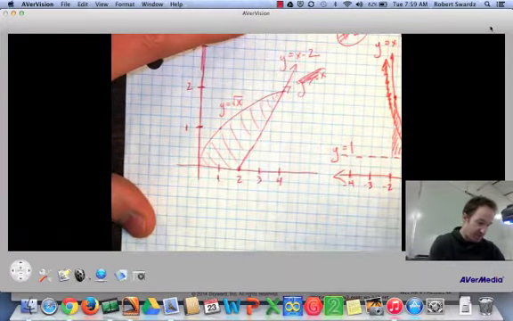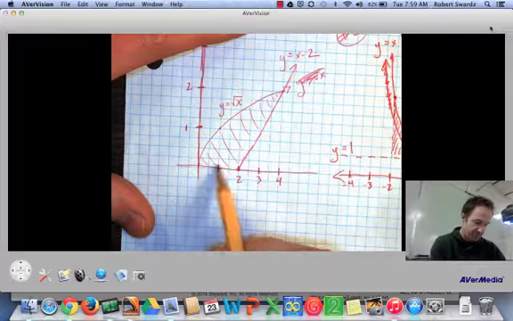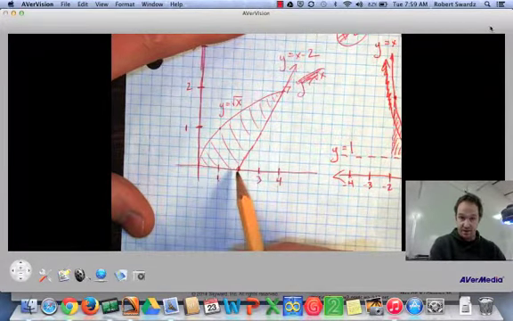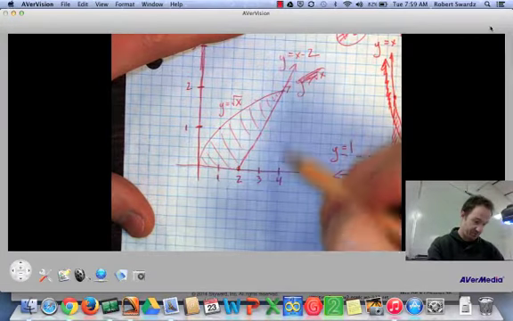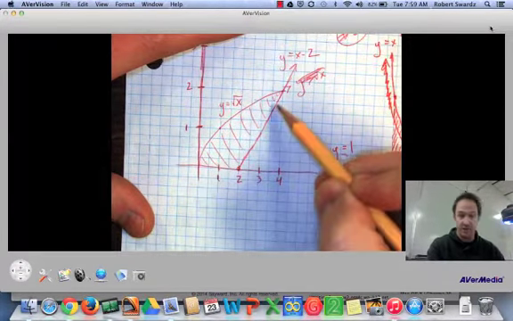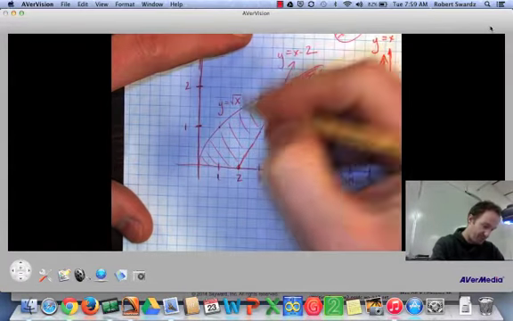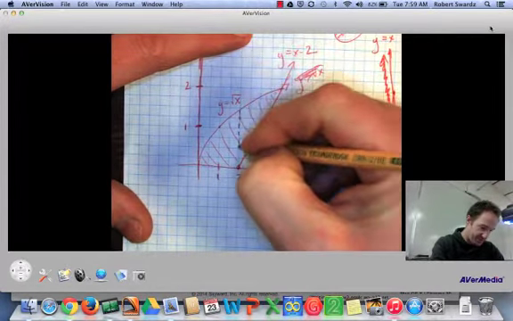It's fine, but the bottom function changes. From 0 to 2 it's the x-axis, and from 2 to where they cross, at 4, it's the line y equals x minus 2. So there's actually two different integrals we're going to have to find here.